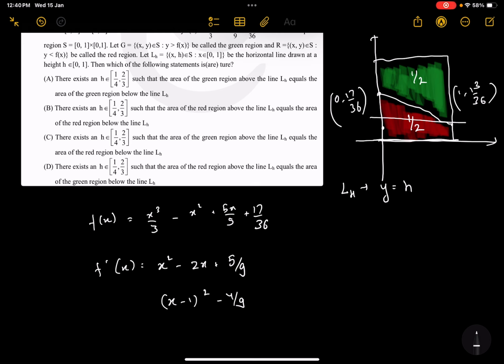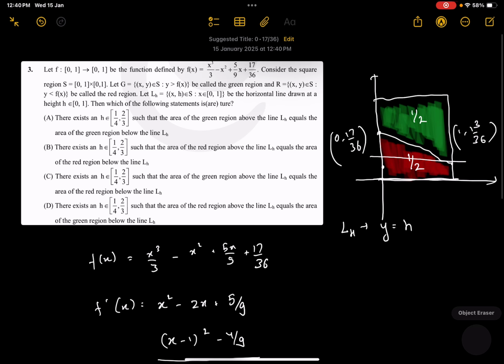At 0, this is positive. So this first increases, and at 1 by 3, this is 0, after which this is negative.